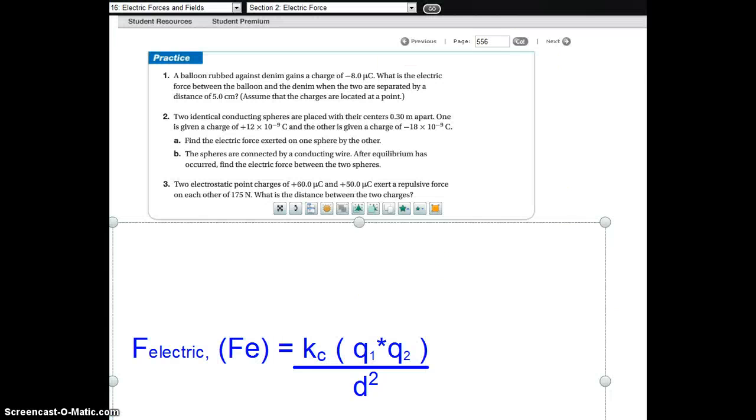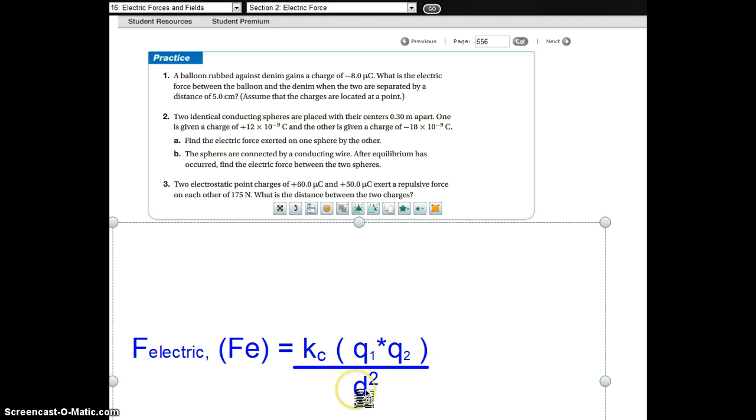Now for number 3, the problem is set up a little bit differently here. We've got a charge of 60 microcoulombs and a charge of 50 microcoulombs and a force of 175 newtons. Find the distance between the two charges. So you'll plug in 175 right here, Coulomb's constant of course, the 60 microcoulombs and the 50 microcoulombs, and you'll be solving for distance.